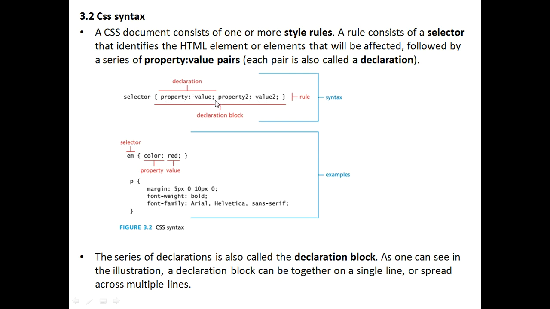So you can write this in a single line, or one by one. After the property value there is a semicolon. Property two colon value can be written in the next line. After that you can close here using the bracket. So the pairs of property value, these different declarations all together we will consider as a declaration block. That is one simple syntax.